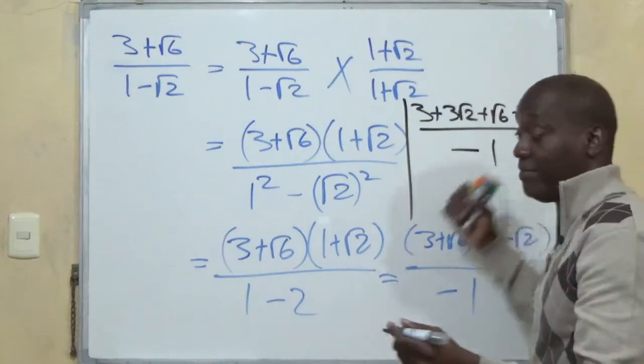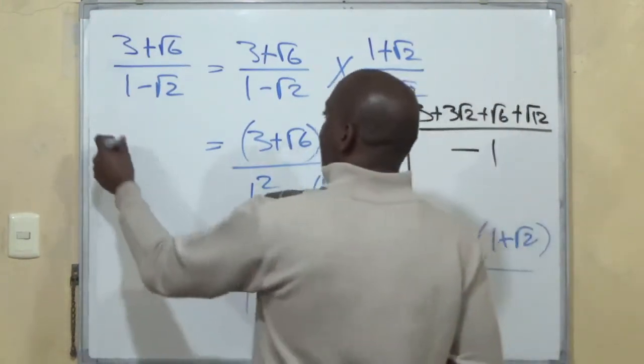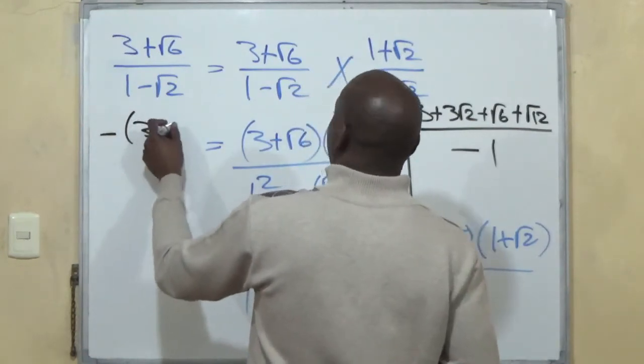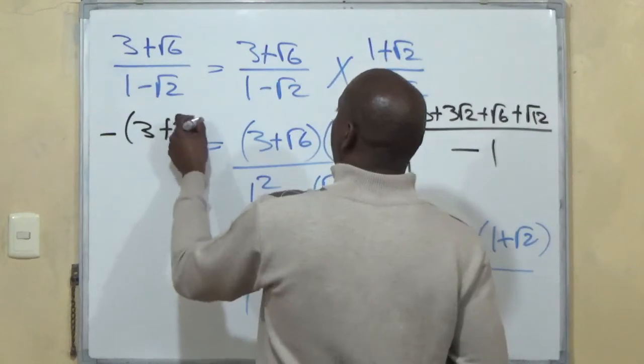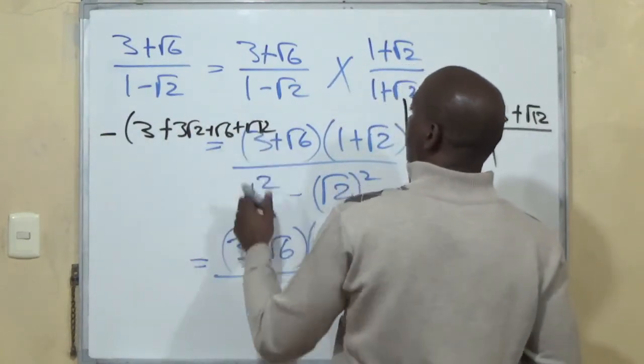Which, if you have to write it more elegantly, you'll write it as minus into all of that: 3 plus 3 root 2 plus root 6 plus root 12.